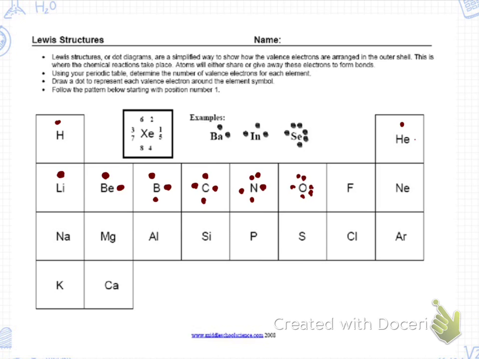It's in group 17, so it follows that pattern of adding 1 more electron as we go across the periodic table, so 7 in that one. And then finally we get to neon. Neon is all the way to the right-hand side, so I'm going to have a full 8 electrons in the outer shell of neon.